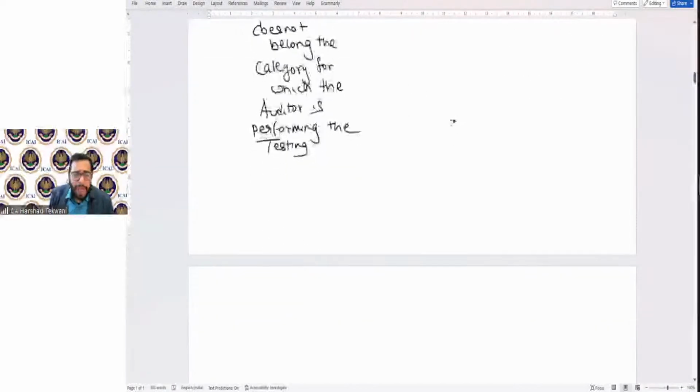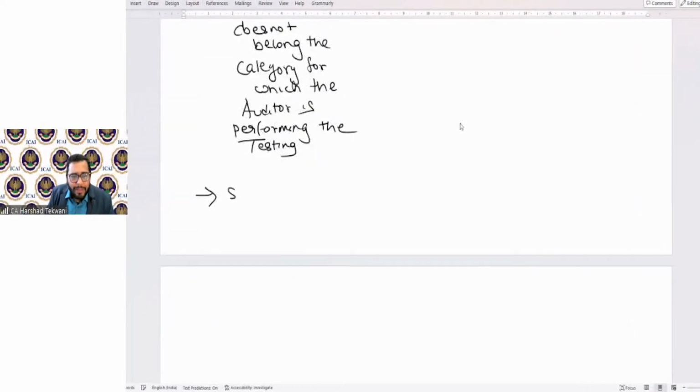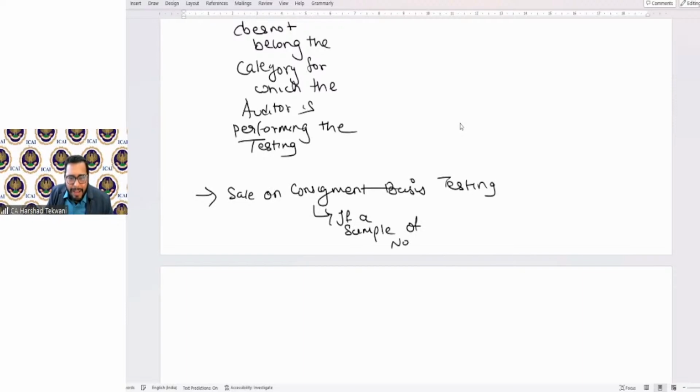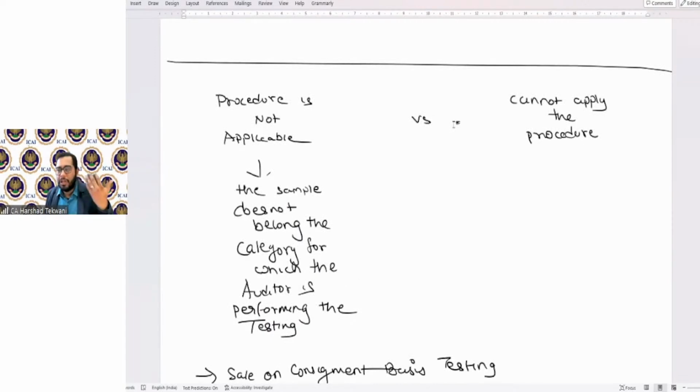Let's say, for example, I was testing only sales on consignment basis, and if a sample of a normal sale comes into the picture, then that sample represents that the procedure is not applicable to this particular sample, because I am going to test consignment sales, not normal sales.